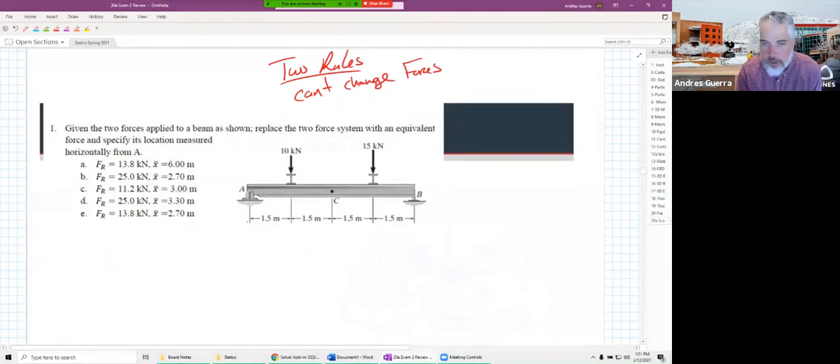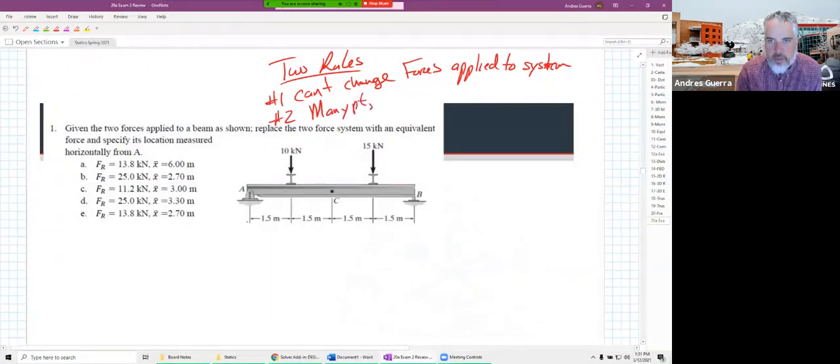We can move them and we can add them together, but we can't change the forces applied to the system. The other rule that we had, so that's number one, number two is that the moment about any point in the original has to be equal to the moment about any point in the equivalent.